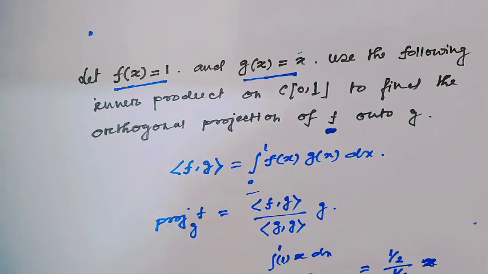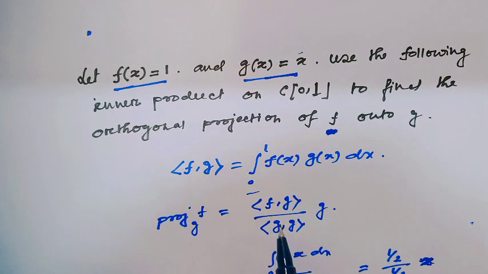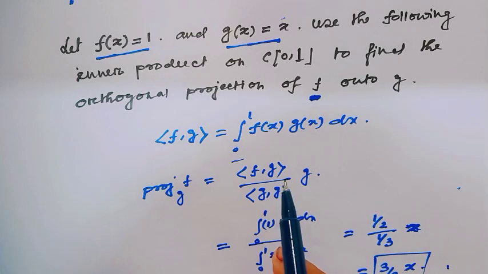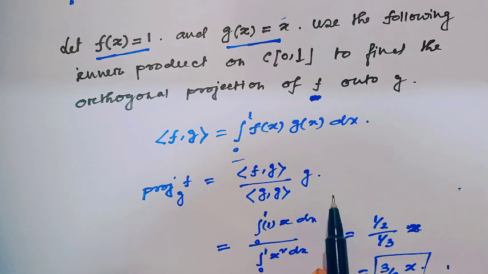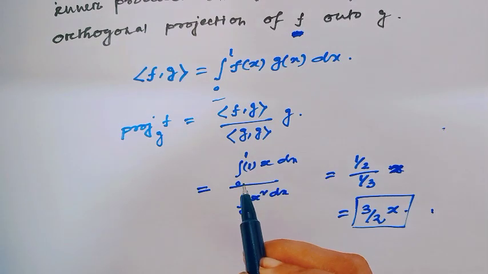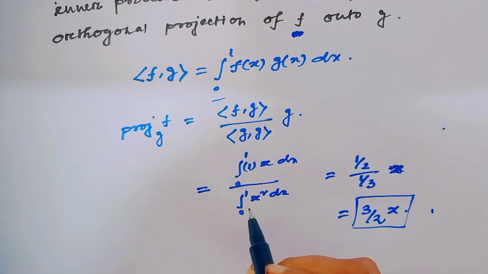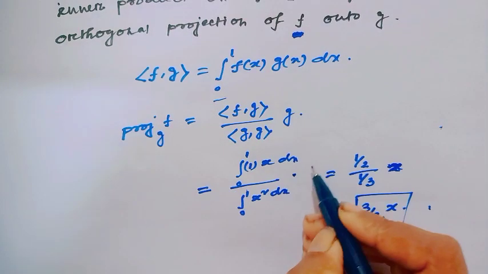This is very interesting. Here the projection of f onto g would be, the formula is, inner product of f with g over inner product of g with g, times g. The inner product of f with g is the integration from 0 to 1 of x dx, and the inner product of g with g is the integration from 0 to 1 of x squared dx, times g, which means x.